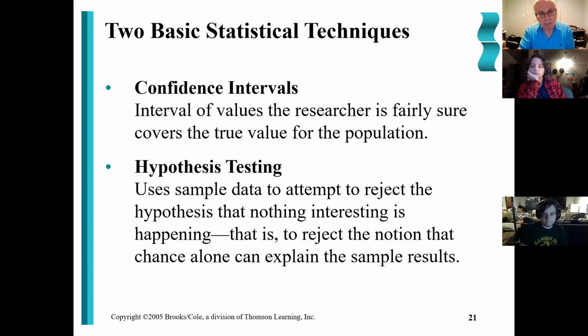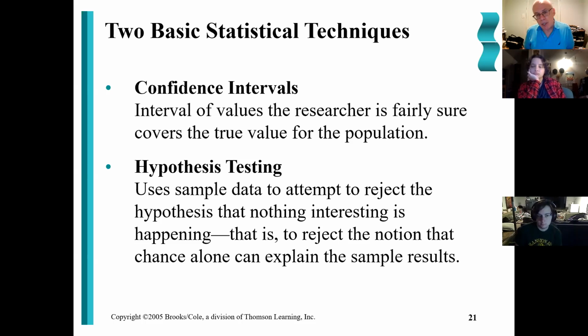Hypothesis testing is the other technique, and this is what's used a lot in research. In a hypothesis test, somebody makes a claim that's different than what most people think about a particular variable. So maybe somebody proposes that 55% of the people in the population favor candidate A, and then you get some sample and it says 52%.